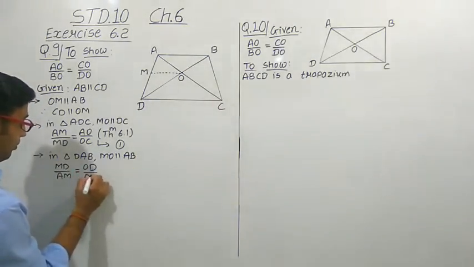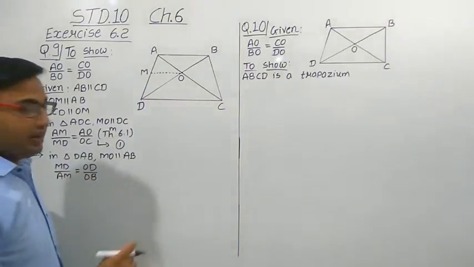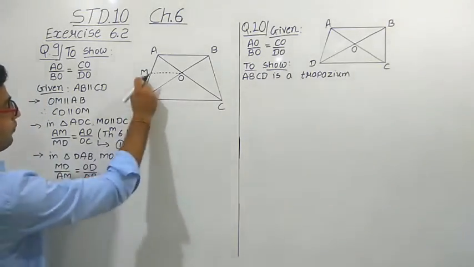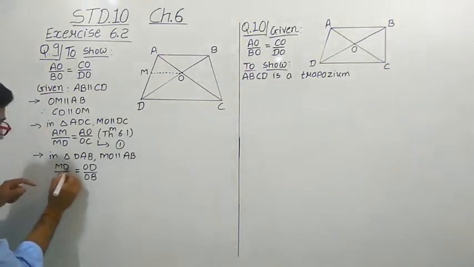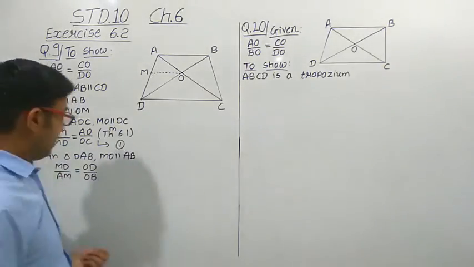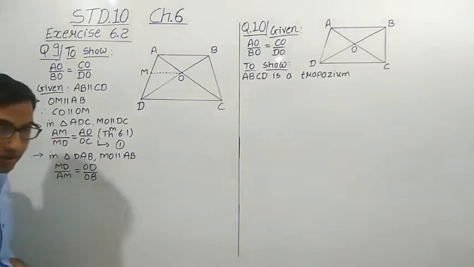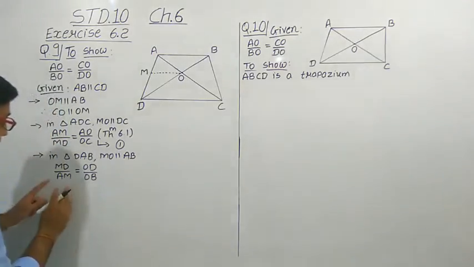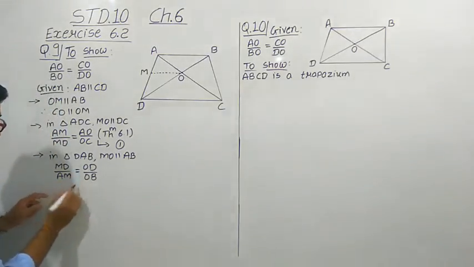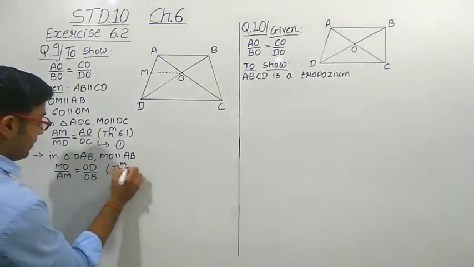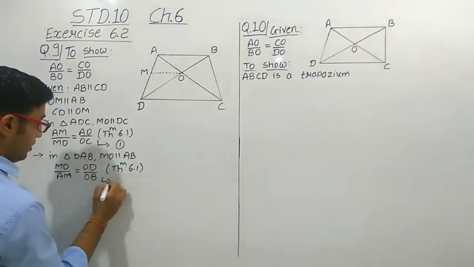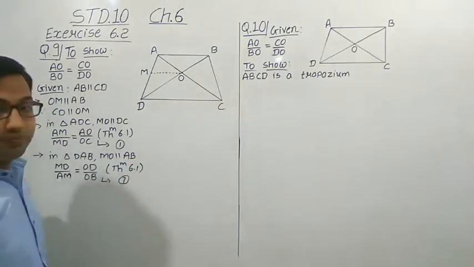We have written MD instead of DM because we want to compare it with the other equation. MD and DM are equal, and in the same way AM and MA are also equal. So we write it this way because it is easy to compare. This is also according to theorem 6.1. Give it equation number 2.